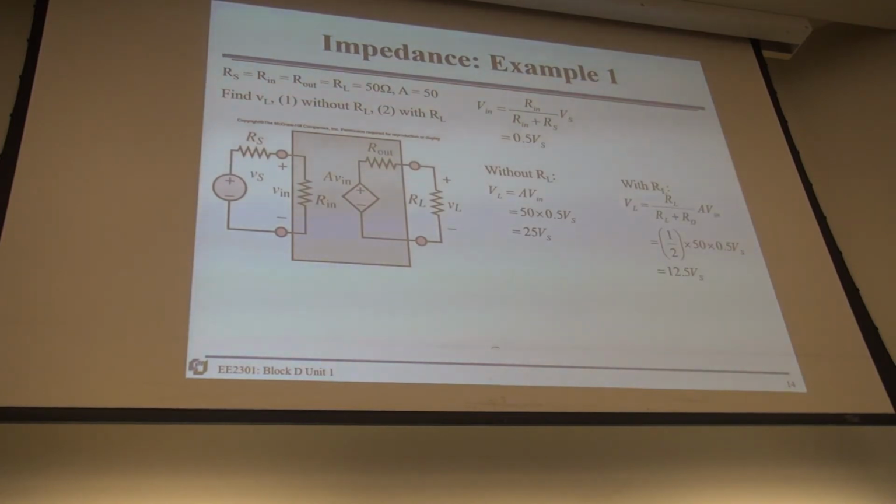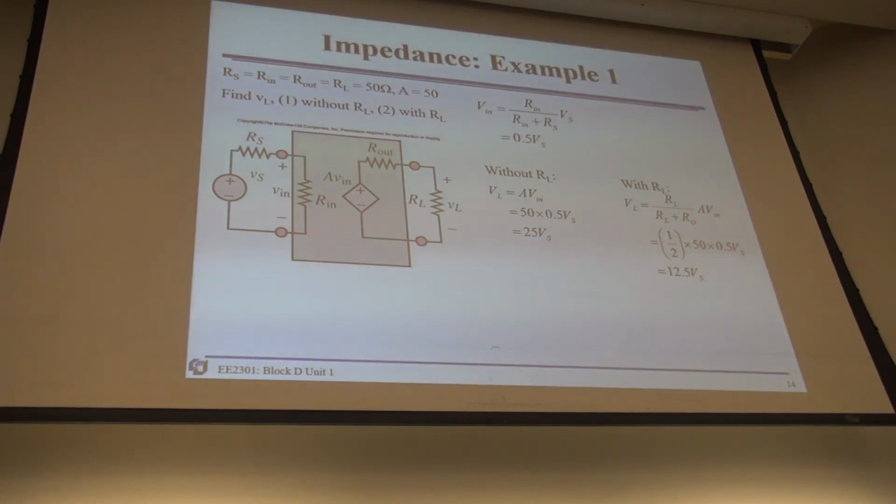Once you put this R_L in, without it connected, this is only 25, because of this one divided by this one, right? Once you add the load, you drop again, another half dropped.